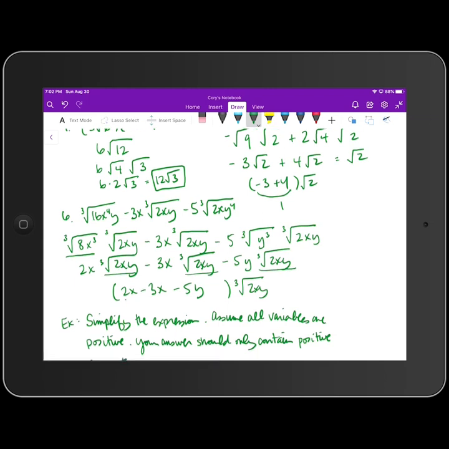And then I can go ahead and simplify those two parts. Those are like terms, 2x minus 3x. That's negative x minus 5y times the cube root of 2xy. All right, and that is that expression simplified completely.